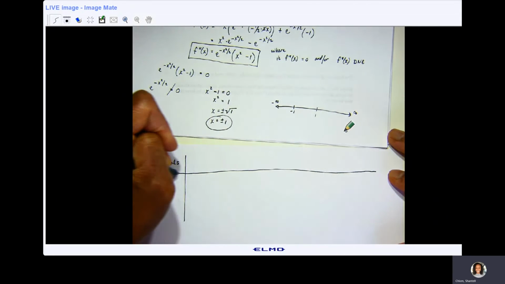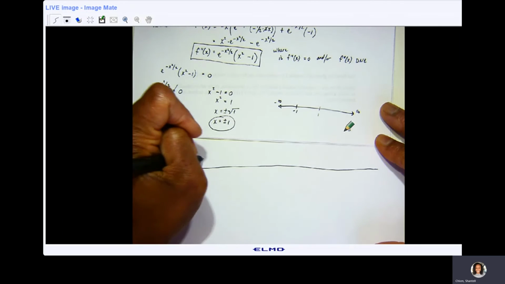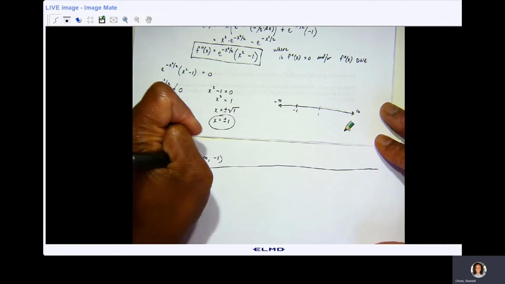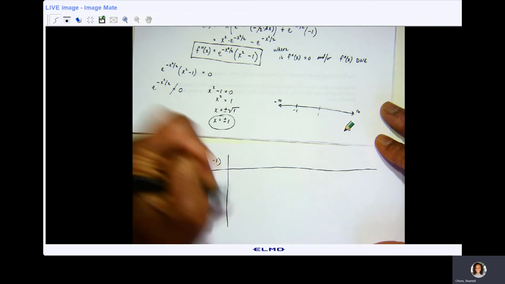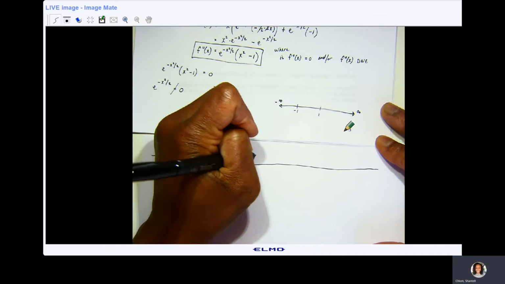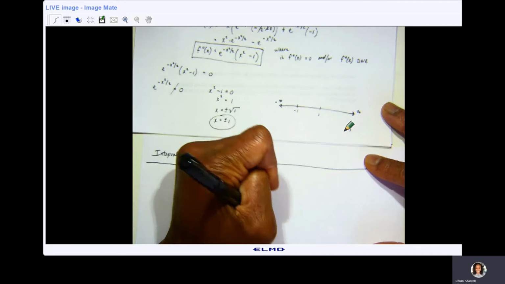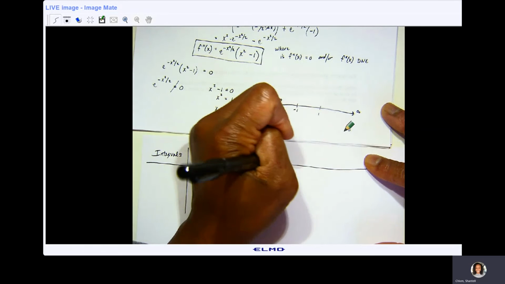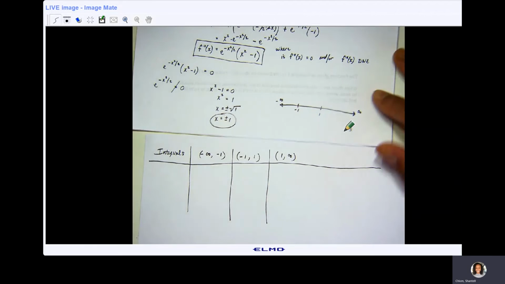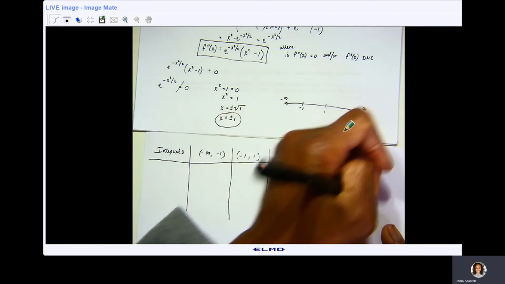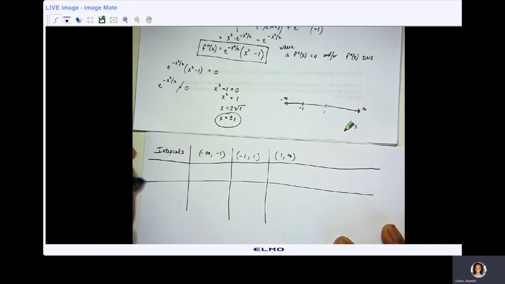So here will be your intervals: negative infinity to negative 1, negative 1 to positive 1, and then 1 to infinity. Okay? And then, of course, I like to use a test value.